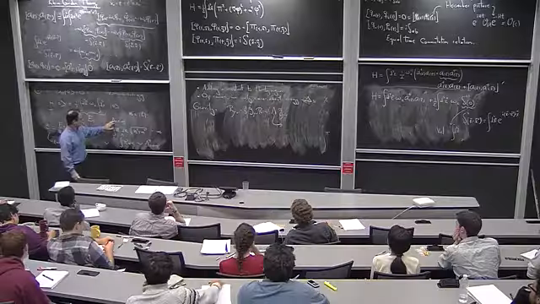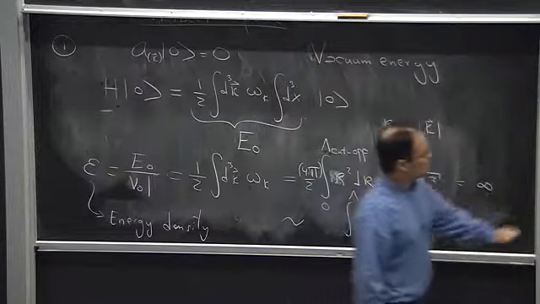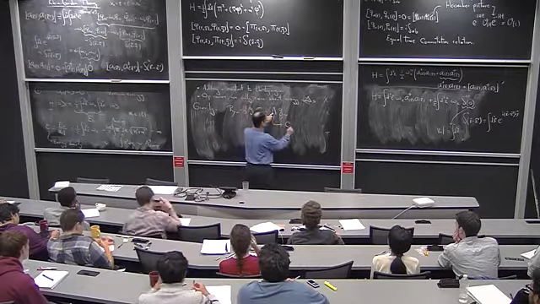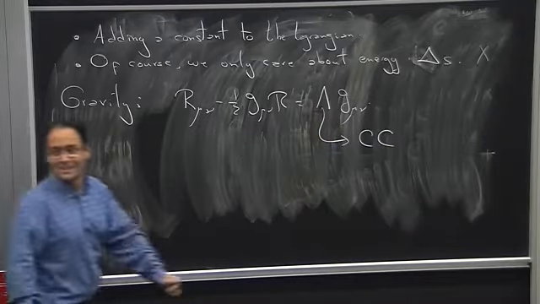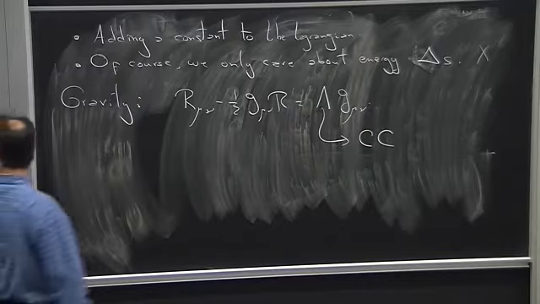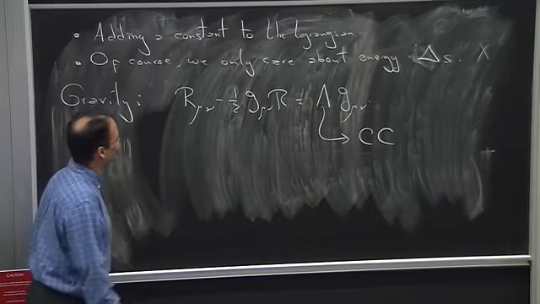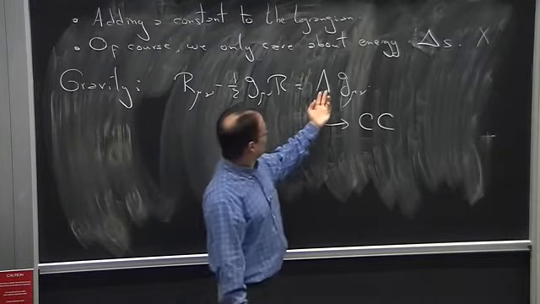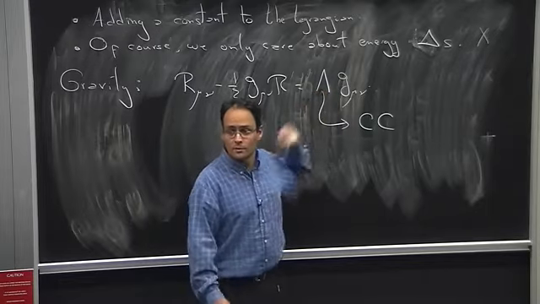Here I'm calling this lambda cutoff, okay? And this number here has a different name. This is called the CC, the cosmological constant. Okay, so whatever energy we have in the vacuum should contribute to this number.